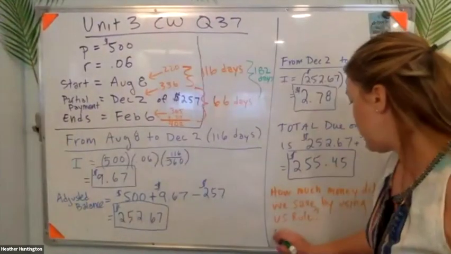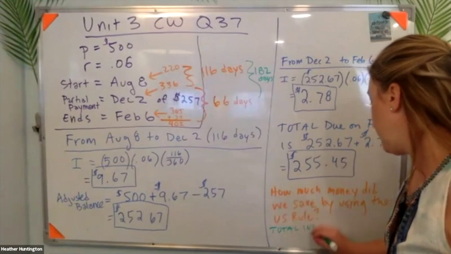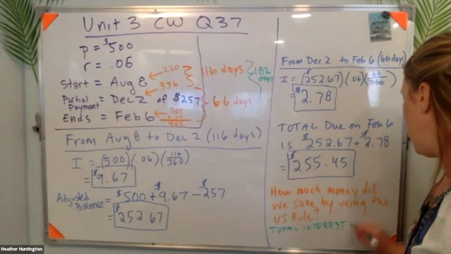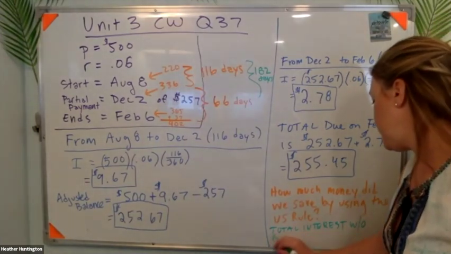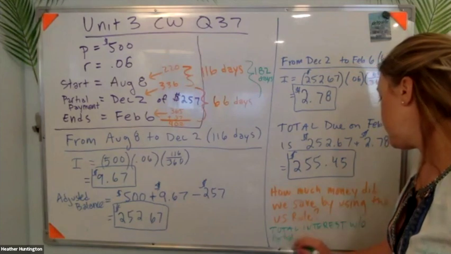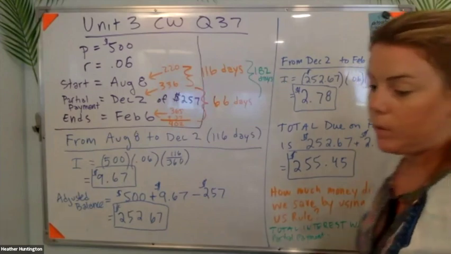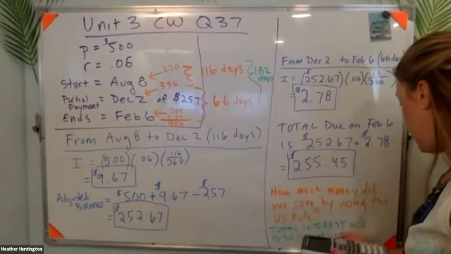Okay, so total interest without partial payment is equal to $15.17.